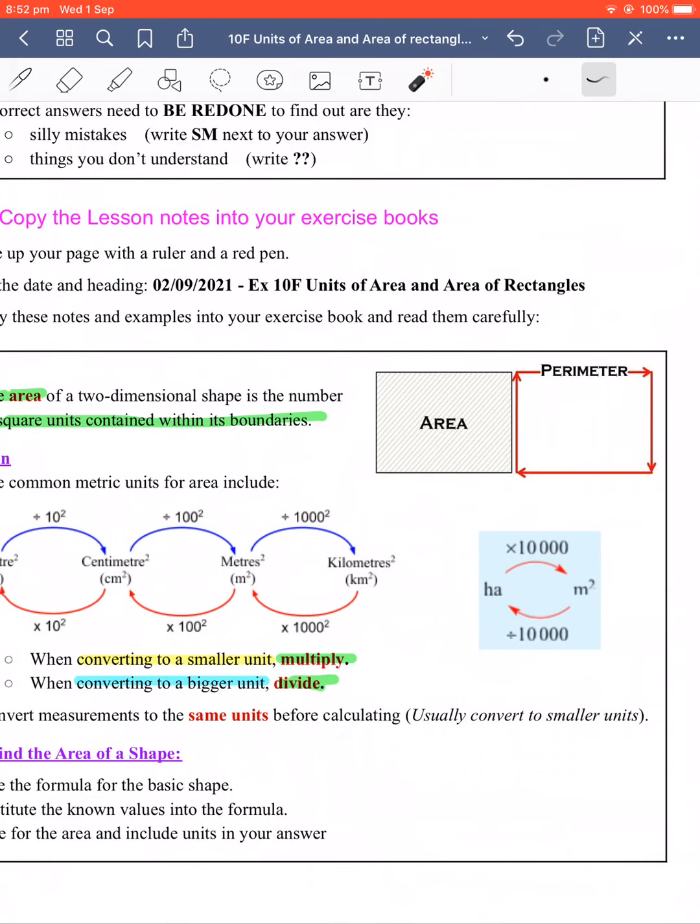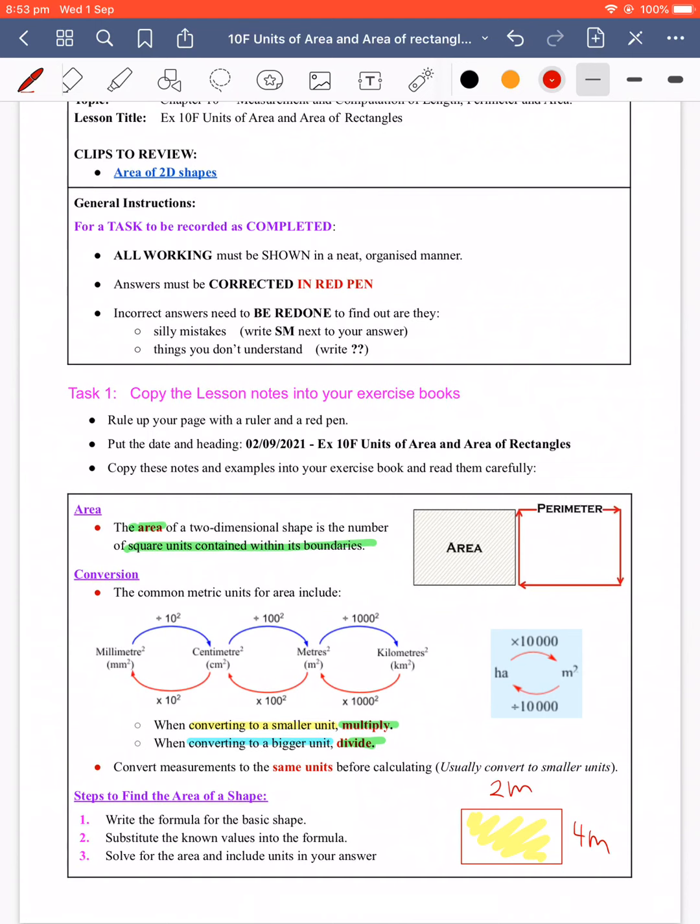If I had a quick version here, let's draw, say, a rectangle. I have 2 meters here and 4 meters here. To find my area, which is what's inside, I would need to multiply those two together. So let's write in our equation. My equation would be A, which represents area.